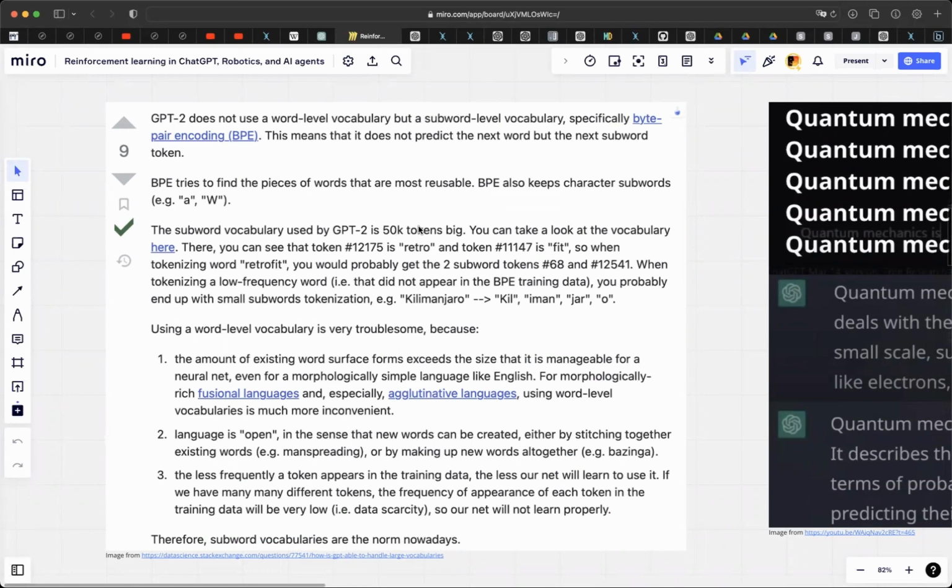So that means that before embedding, you have a one-hot encoded vector of size about 50,000. It's quite huge. It indicates the ID of this word. ID 12,175 represents the word "retro".